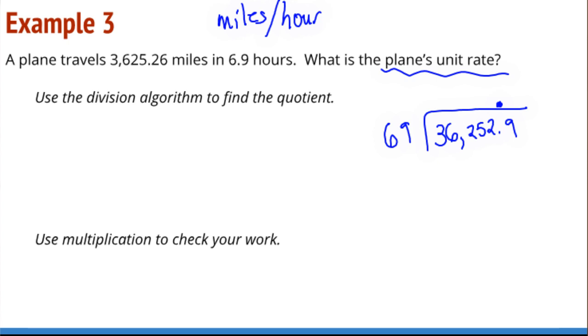All right, so I've got my multiplication chart. 1, 2, 3, 4, 5, 6, 7, 8, 9, and I've got 69 here, so I'm working with multiples of 70 and then subtracting out.